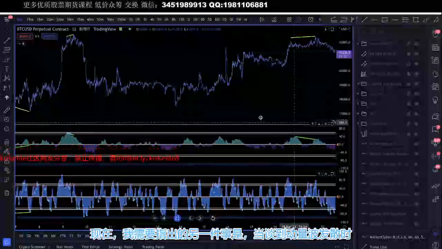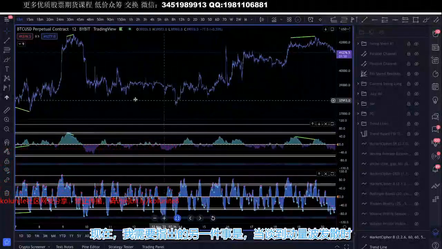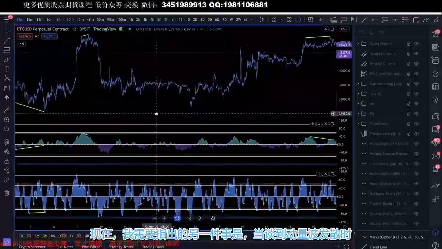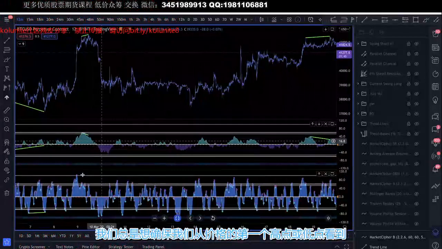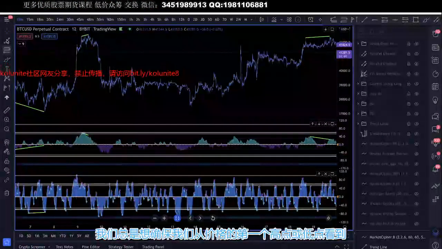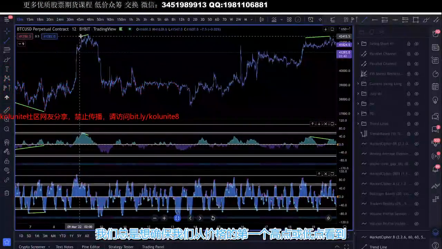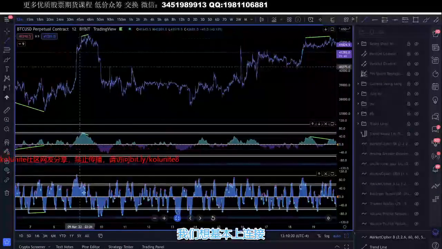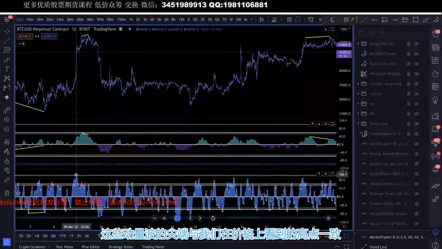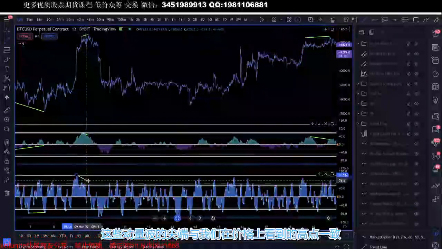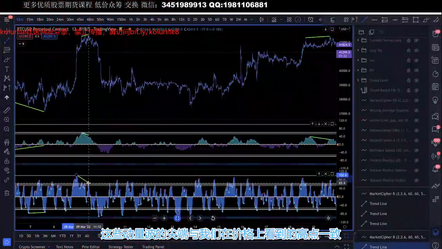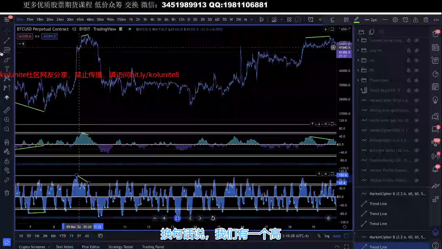Now, something else I need to point out is when it comes to the momentum wave divergences, we always want to make sure that we see from the first high or low of the price, we want to basically connect the tips of these momentum waves with the highs that we see on price, okay? In other words, we have a high.